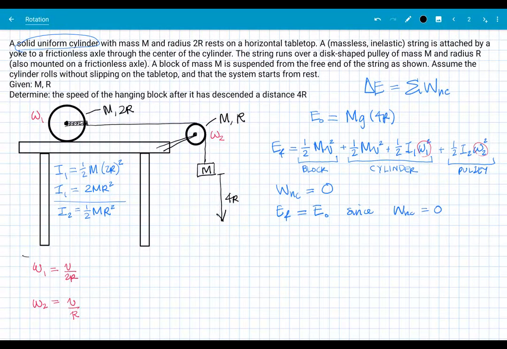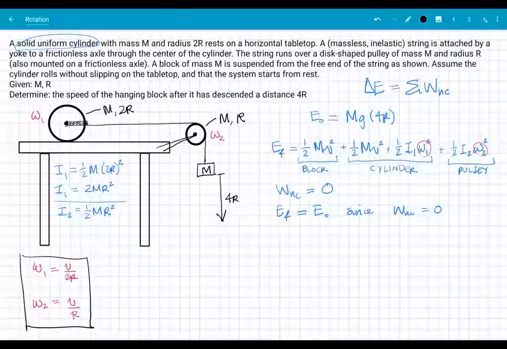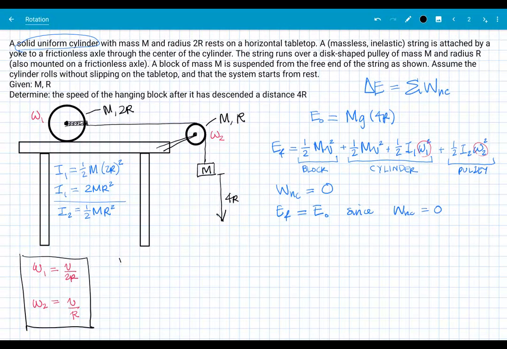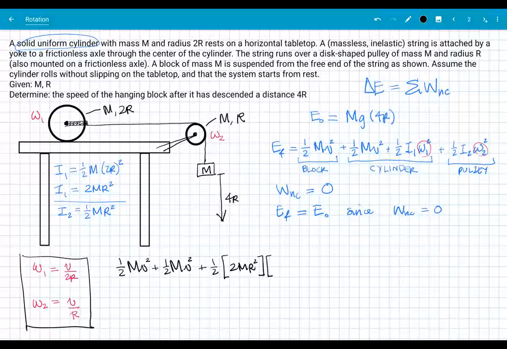The energy final equation is going to be 1/2 big M v squared for the block, plus 1/2 big M v squared for the cylinder, plus 1/2 I1 omega 1 squared. I1 is 2mr squared, and omega 1 squared is v squared over 4r squared.